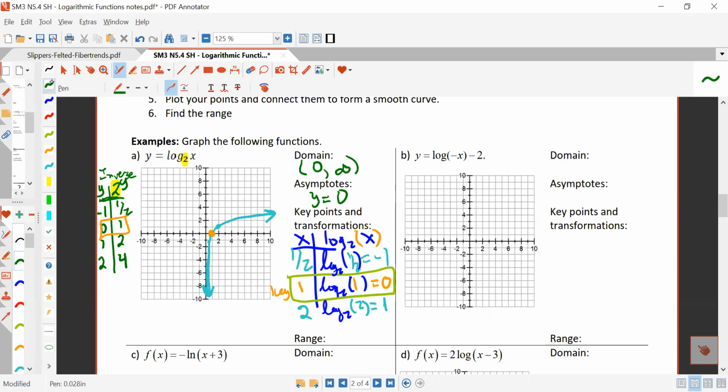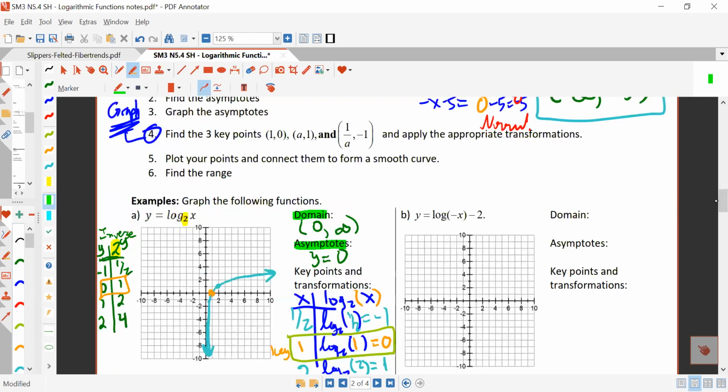And then the range down on the bottom, negative infinity to infinity, okay? So domain, asymptote, and range, and notice I did those after I graphed, okay? So I start with graphing because it's easier for me to graph first and then look at the graph to help me figure out the rest of the key points. All right.